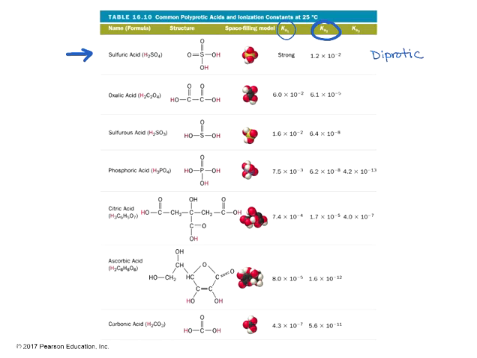Now, down towards the middle here, we have phosphoric acid. And phosphoric acid, like we saw on the last slide, can lose 3 hydrogens potentially, although it's unlikely. And the 3 Ka values are listed. You'll notice that we go from 10 to the negative 3 to 10 to the negative 8 to 10 to the negative 13. So those Ka values are decreasing pretty significantly with each loss of hydrogen.